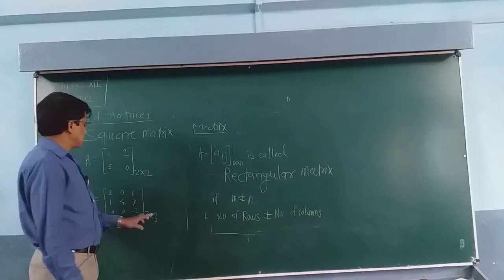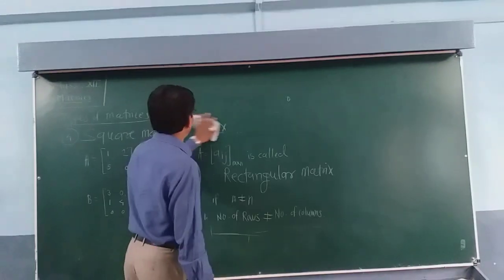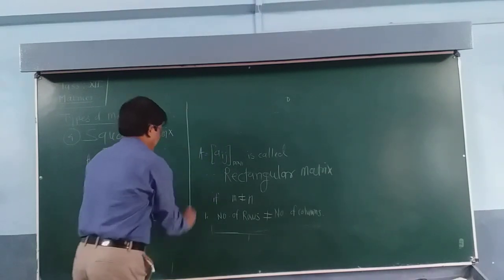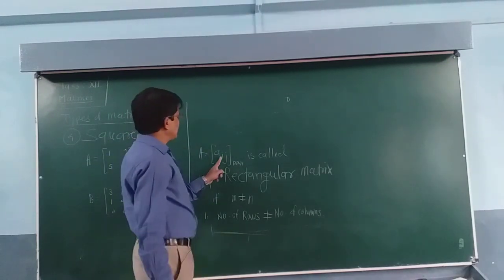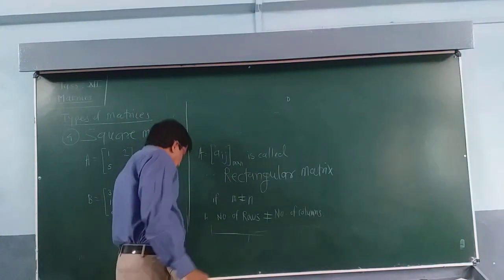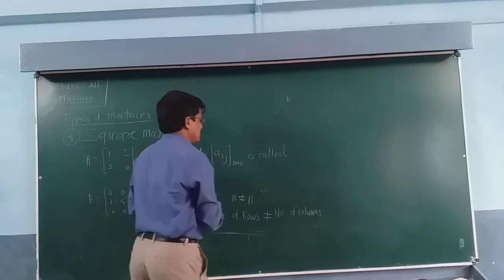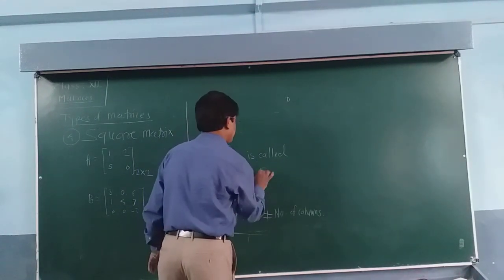So 3 rows and 3 columns. So this is also a square matrix. So in definition form, we can say matrix A equal to Aij, M by N, is called a square matrix.